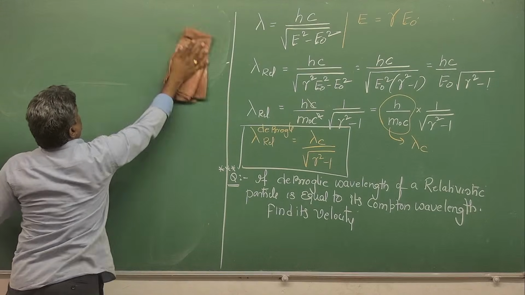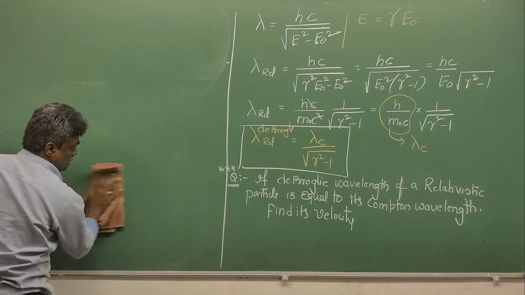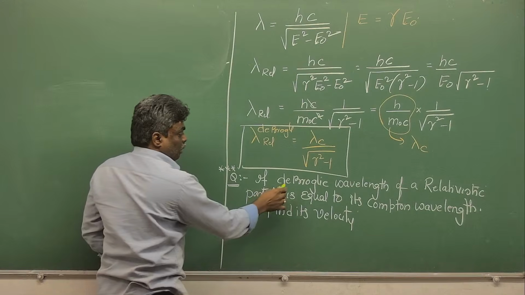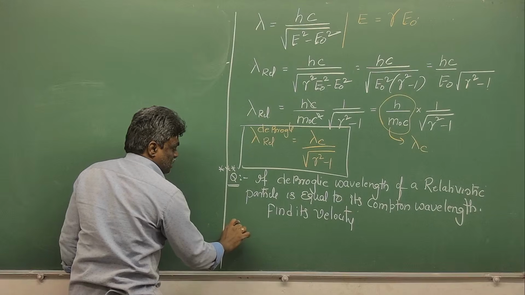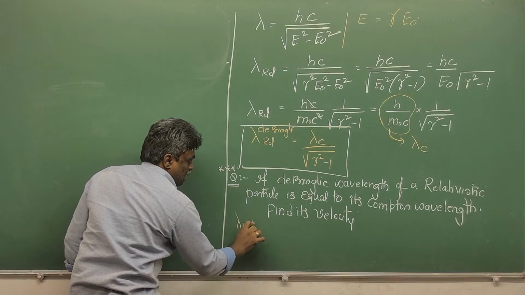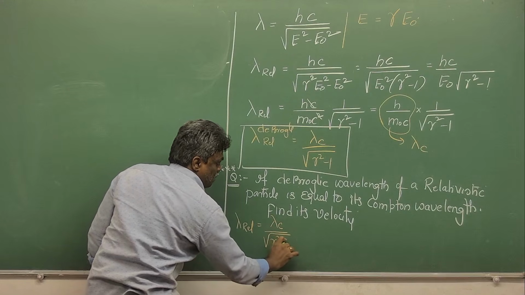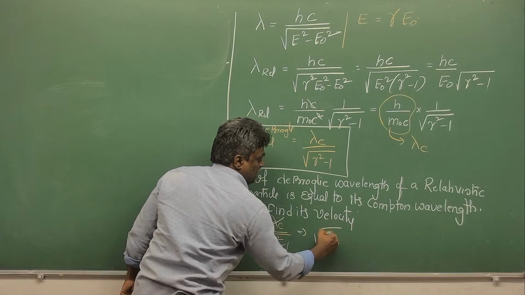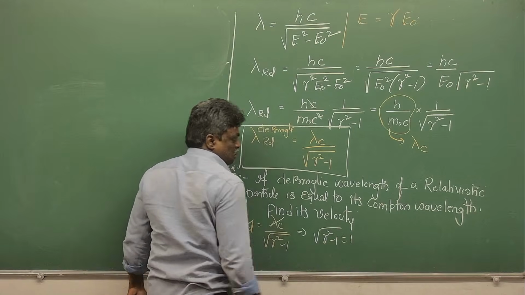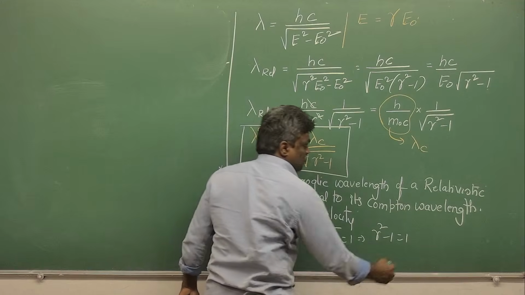So yesterday I explained one trick. If you use that, you will get the answer very easily. Please apply that trick. Now de Broglie wavelength and relativistic wavelength both are same. That's why lambda relativistic equals lambda Compton by under root gamma square minus 1. Cancel these two and cross multiply. Under root gamma square minus 1 equals 1. Squaring on both sides, gamma square minus 1 equals 1.